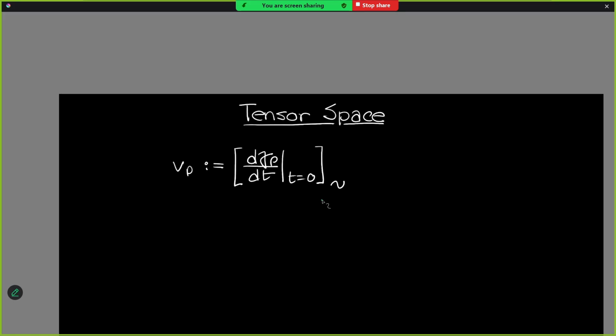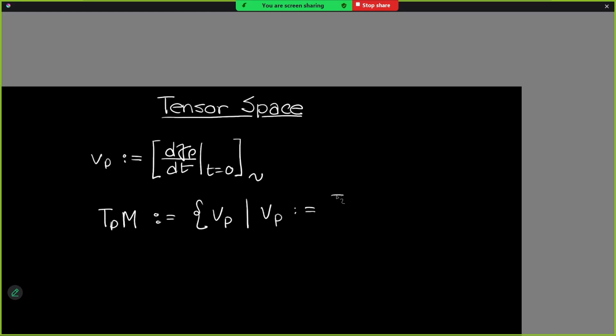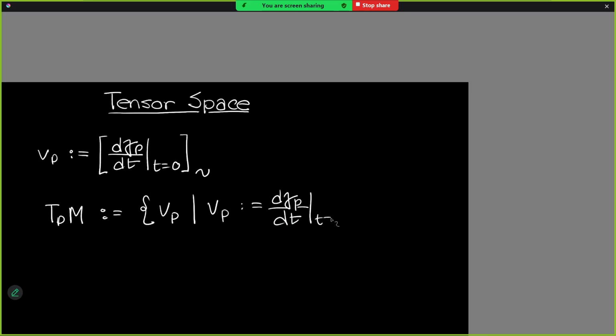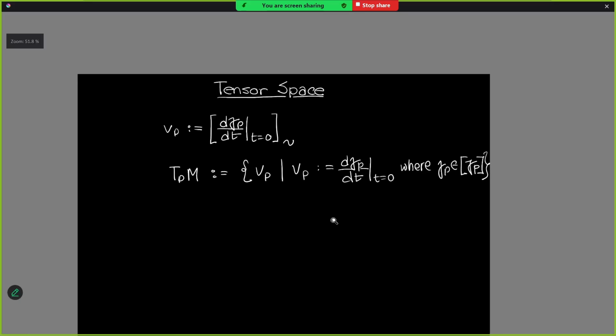So then if we take all of these elements, we get this set, right? v_p is defined to be d gamma_p/dt at t equals 0, where gamma_p is an element of this equivalence class. That's what we did, right? That's how we defined T_pM. So we defined T_pM as the set of all unique tangent vectors.